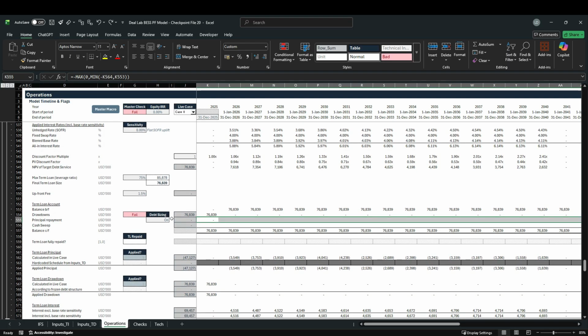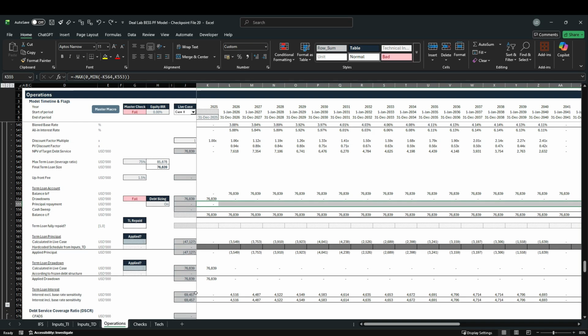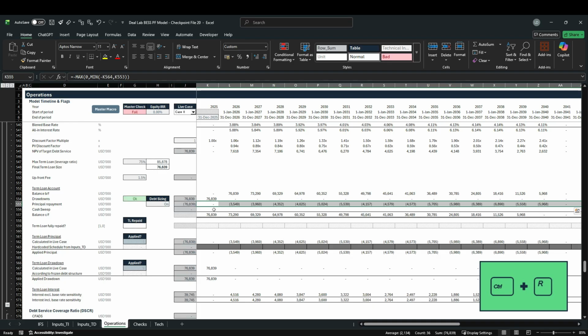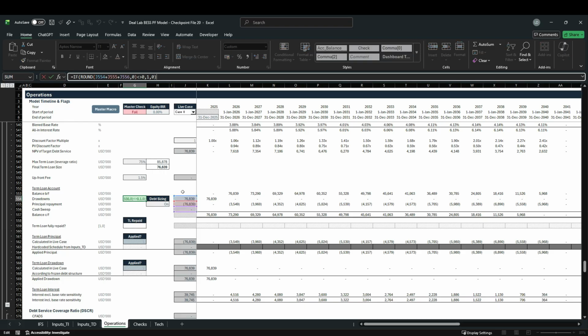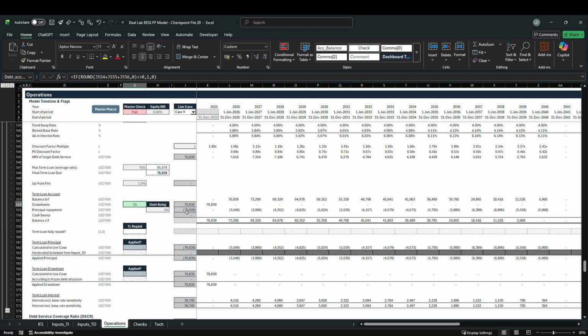And once we drag over our principal repayment, what is going to happen is our interest payment is reduced and our principal repayment matches exactly our drawdowns. Hit Control R, and you can see that in our check, hit F2, our drawdowns equal our principal repayment.